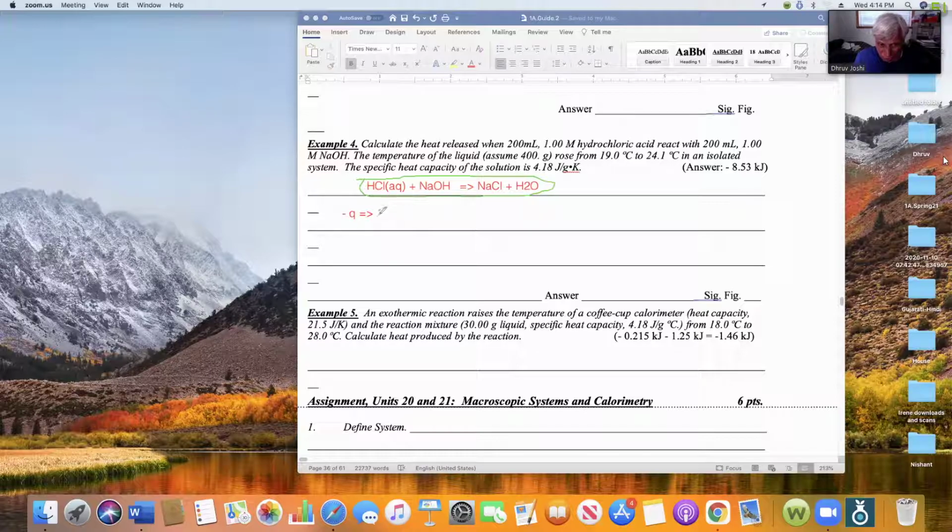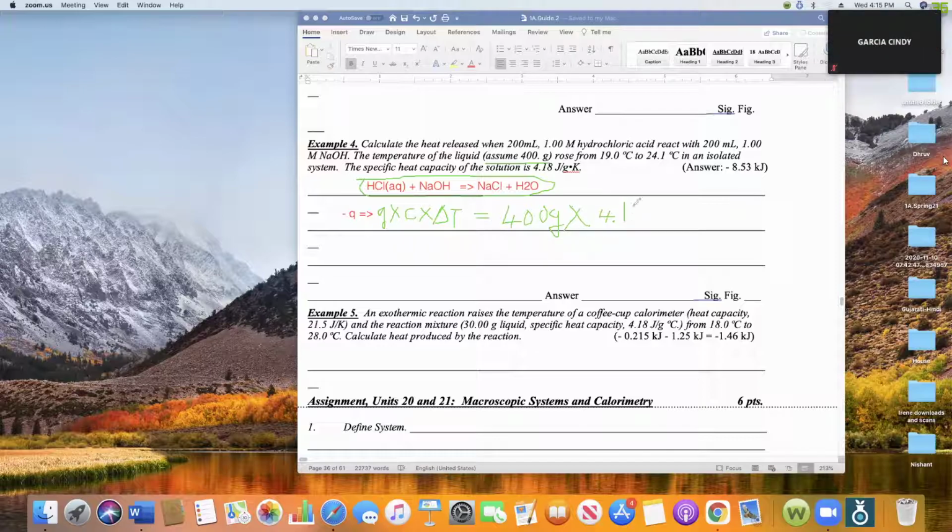equals grams multiplied by small c, that is the heat capacity, and multiplied by delta T. So we write it down. Grams are given to us. Assume 400 grams. All right, then we have heat capacity, 4.18 joules per gram degree Celsius.